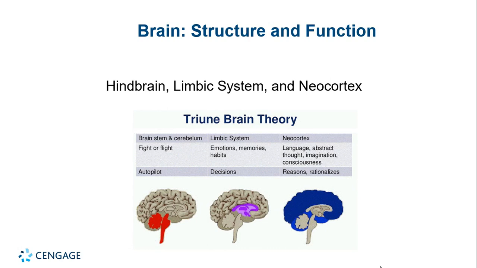Now, in that light purple slash lavender, you see the limbic system. Your limbic system is a lot of how your memories are controlled, your emotions, a lot of habits, especially physical behavioral habits. You're going to share this with things like reptiles and birds, and obviously other mammals.